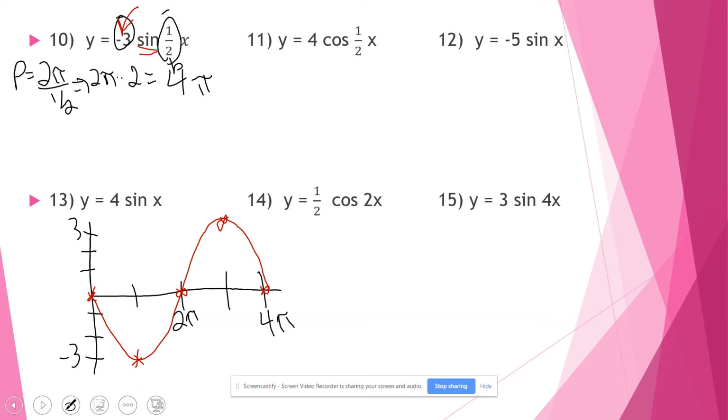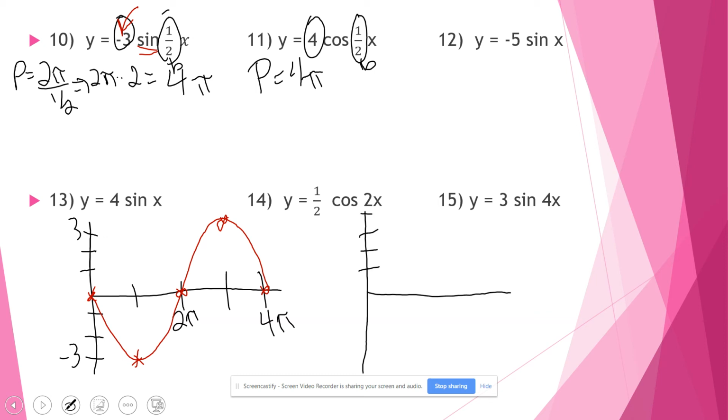Number 11, A is 4, amplitude is 4, B is 1/2, so we just did that, our period is going to be 4 pi. So our y-axis has to go from 4 to negative 4, and then our x-axis goes out again to 4 pi.